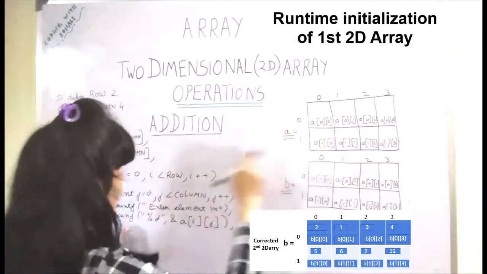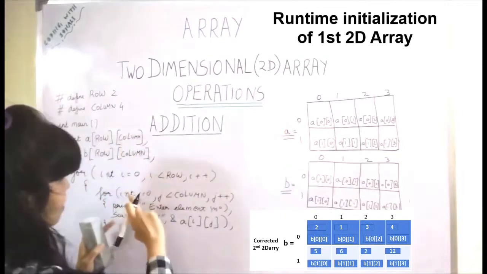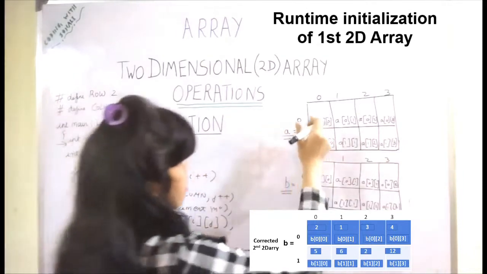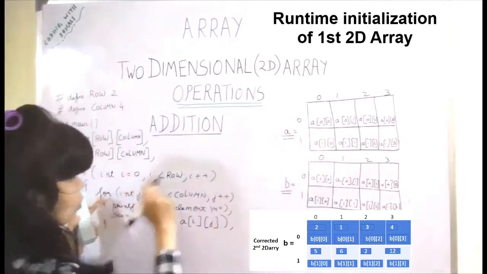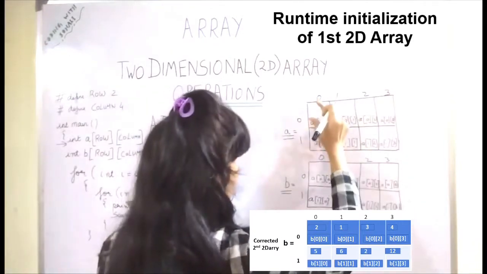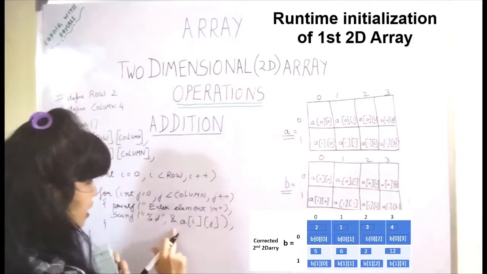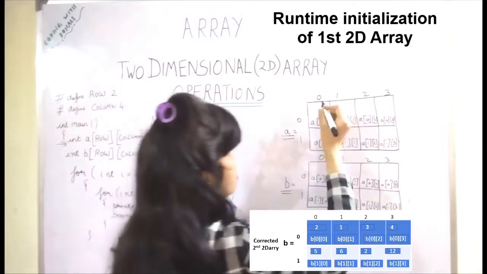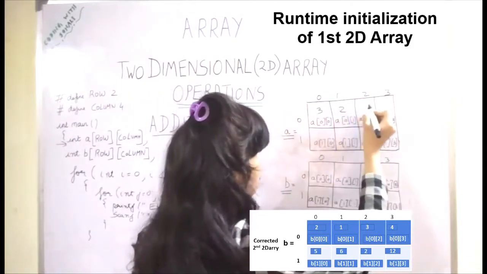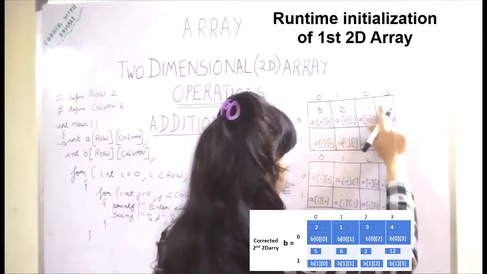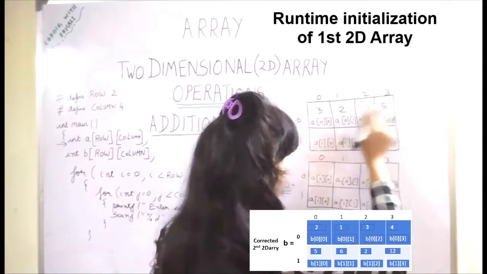Nothing is present in the array yet; we have declared it, and at runtime we are asking. So one by one this for loop will go for the 0th row, for the 0th column, first column, second. We are asking the user and filling in the address of these elements. If the user gives 3, 2, 1, 5, these inputs get filled into the array, whatever the user gives.